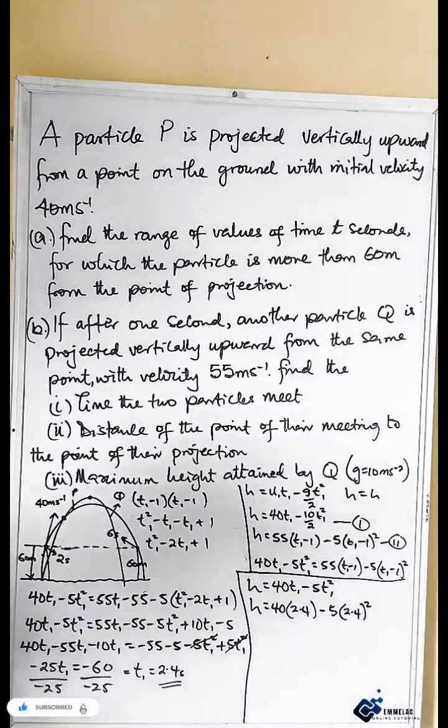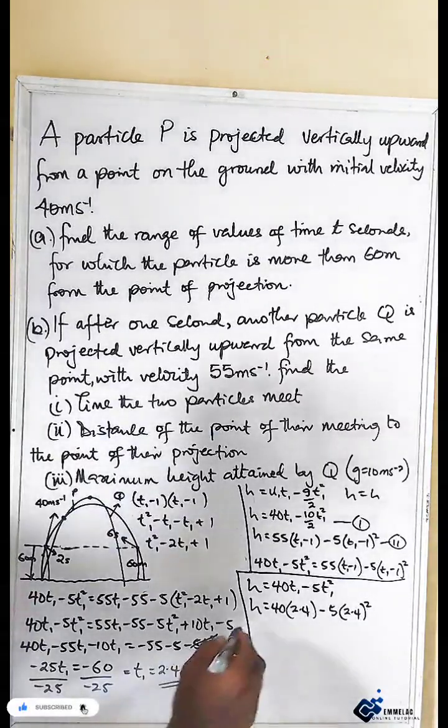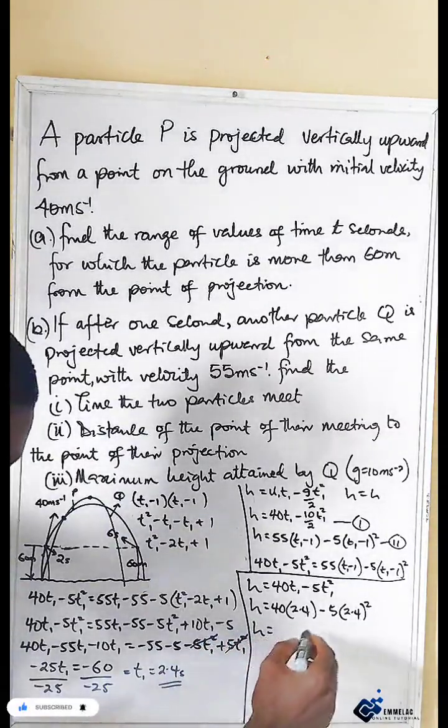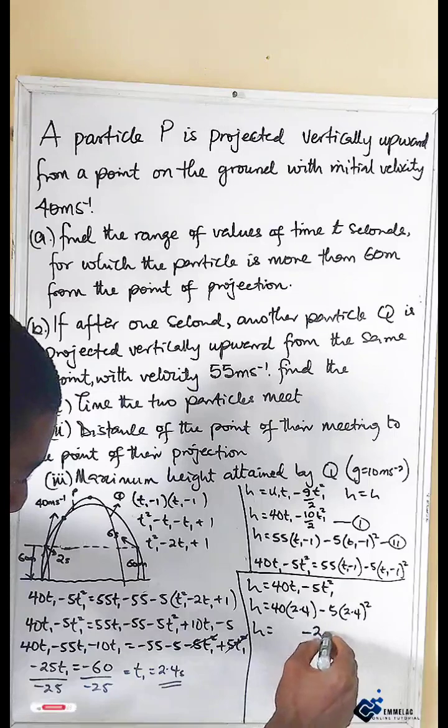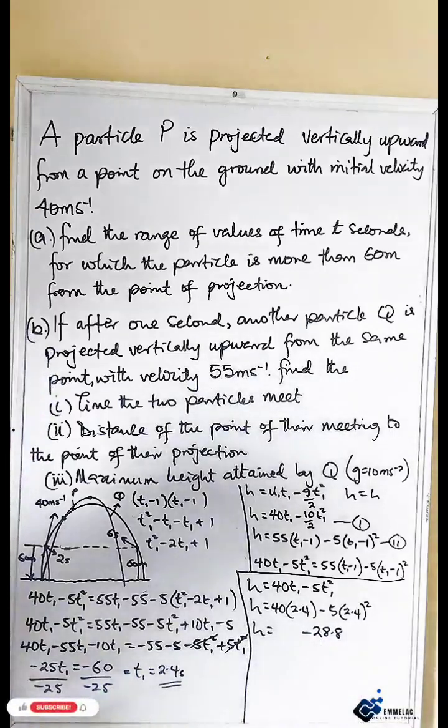2.4 raised to the power of 2, let me use the calculator, that will be 5.76. Now times 5, okay, 28.8. Now this is negative 28.8.